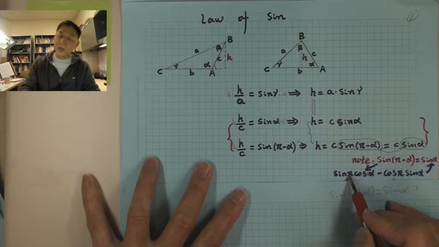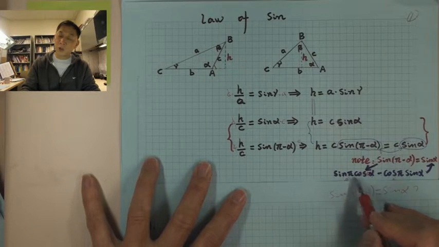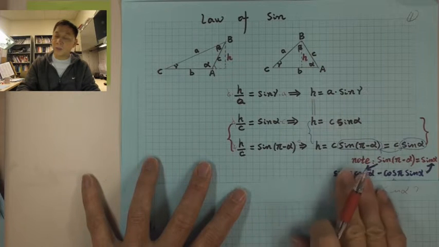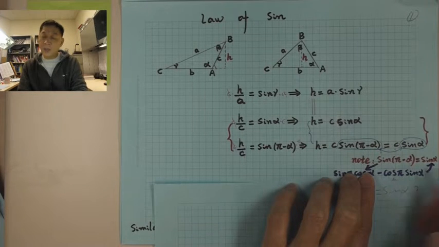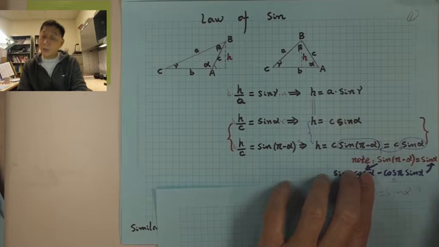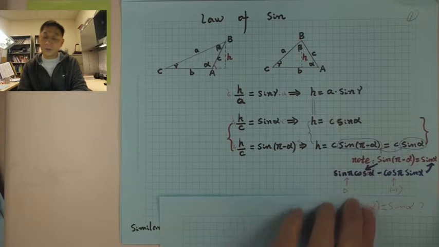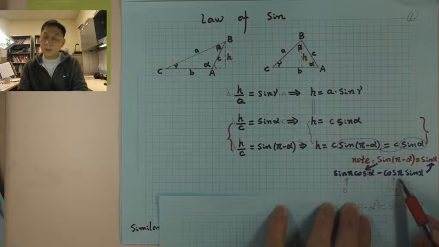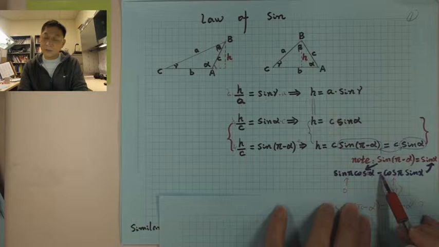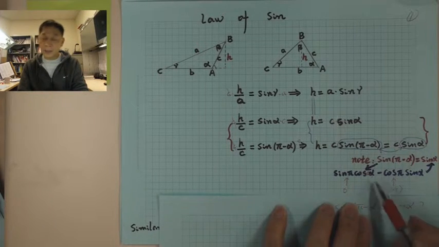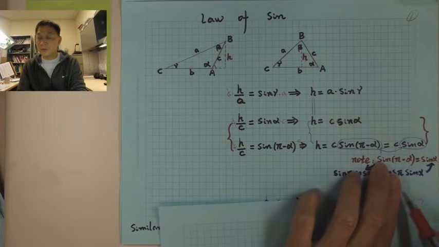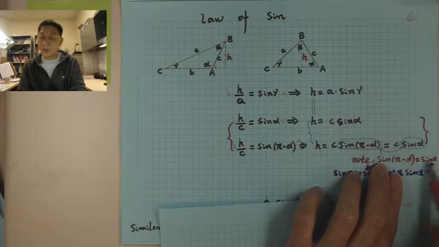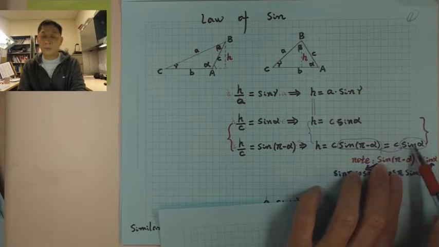Sine pi is 0, so 0 kills this product and this one disappears. Cosine pi is -1, special angles. So here is 0, here is -1, but there is a negative in front of it, so negative becomes positive. Only sine alpha is left over. That's why they are the same.